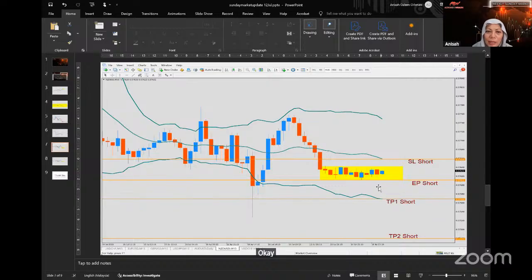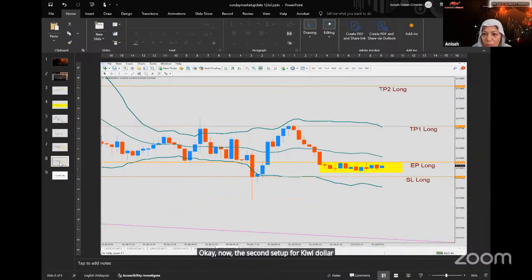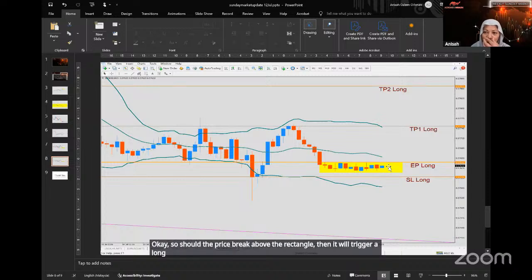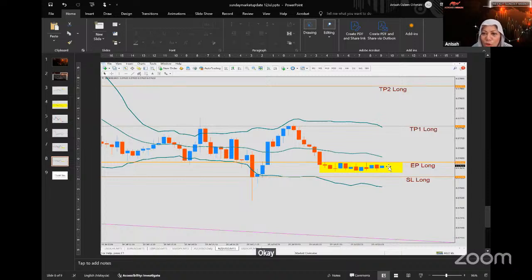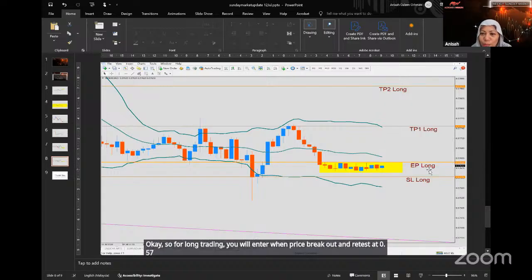Now the second setup for Kiwi dollar is long. Should the price break above the rectangle, then it will trigger a long trade. For long trading, you will enter when price breaks out and retests at 0.57642.